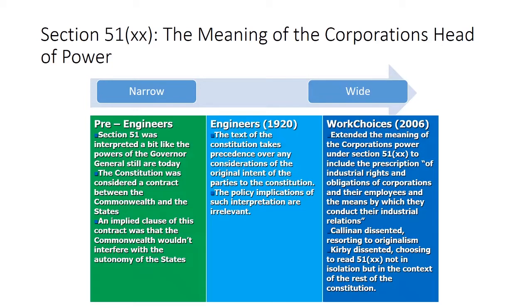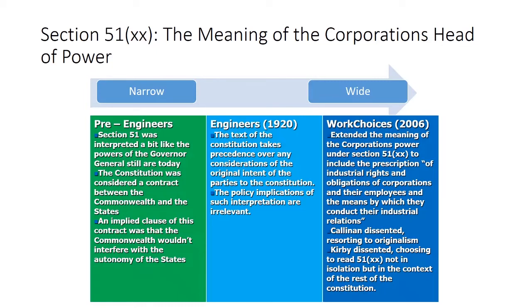And of course, it's been taken to an extreme that no one really expected in 2006, when they again reinterpreted Section 51(20) to expand the meaning of what the corporations power was, to include not just financial corporations, but also the prescription of industrial rights and obligations of corporations and their employees, and the means by which they conduct their industrial relations.